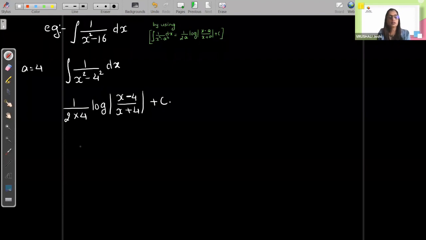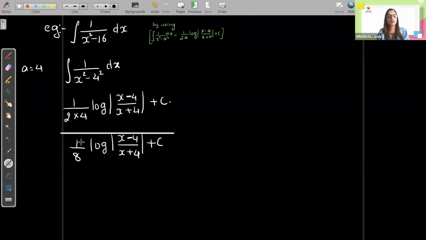Bas khalas, this is your answer. 1 by 8 log modulus x minus 4 by x plus 4. Correct? Plus c. This is your answer. I hope. पहला सम है, पहला सम हमेशा आसानी होता है. थोड़ा थोड़ा देखते हैं, धीरे धीरे we will progress further. Correct?